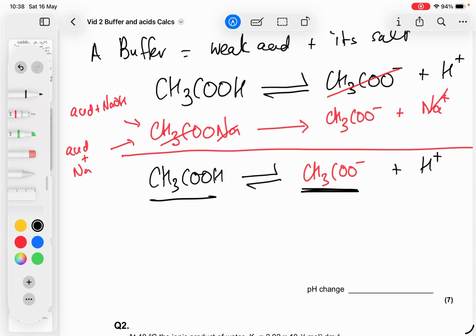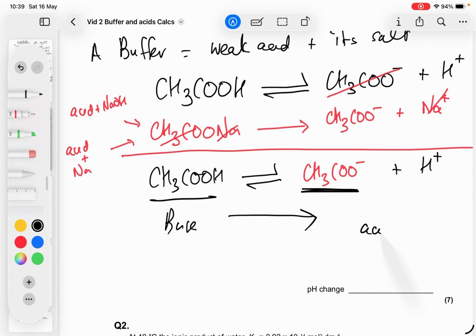hydrogen ions. And if a base is added to a buffer, then the equilibrium will move to the... when the base is added, sorry, let me get this right. When the base is added to the buffer, the equilibrium will move to the right.